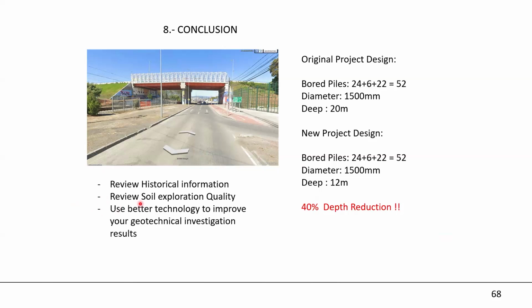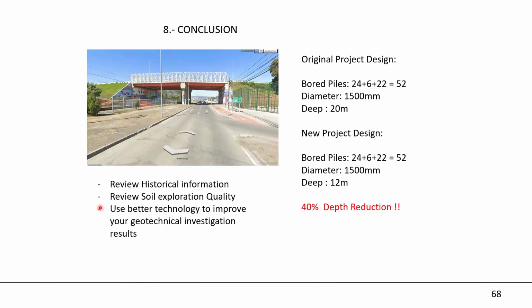The important thing to take into account is to review the historical information. We saw that the first project was micropiles of 9 meters and did not have problems with liquefaction in 2010. It's mandatory to review the soil exploration quality and think about whether, if you use better technology to improve your geotechnical investigation, the results are improved.